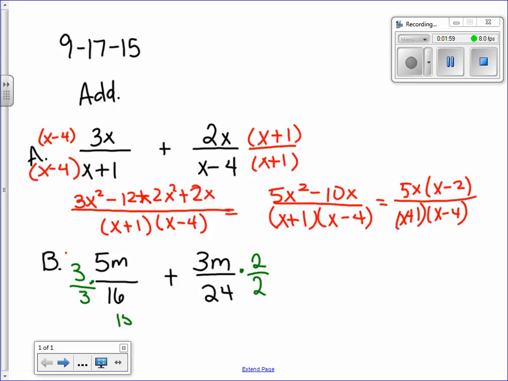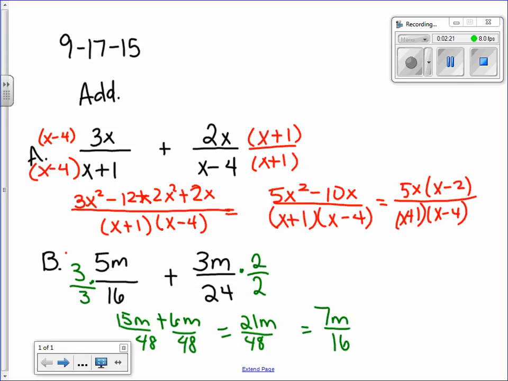So I have 15m over 48, 6m over 48, 21m over 48. Does that reduce? 7/16. Yeah, 7m over 16.